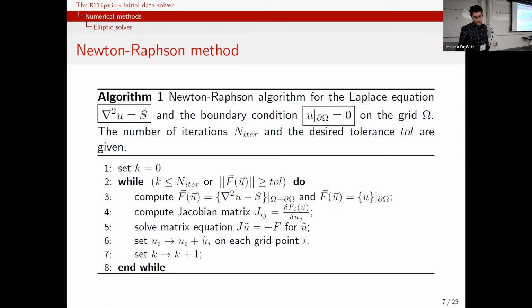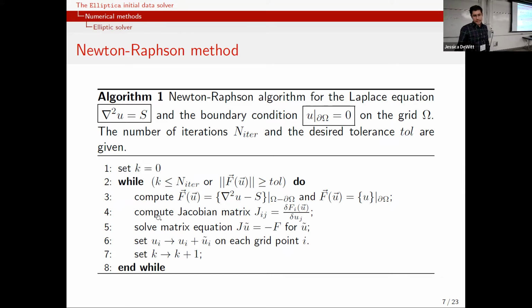Generally, the way we do it is, as I said, the Newton-Raphson method. You compute vector f at all of the grid points, which is the difference between the Laplace operator and the source inside the grid. And for the outside of the grid, you use the boundary condition that you want to satisfy, and you make another similar vector f.